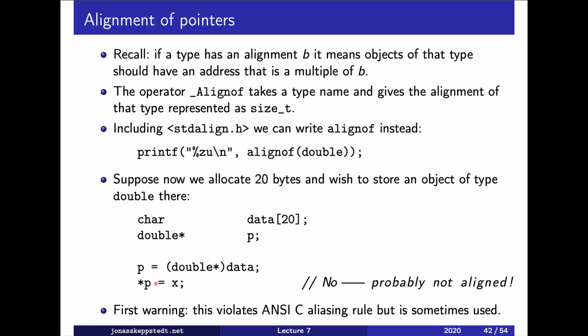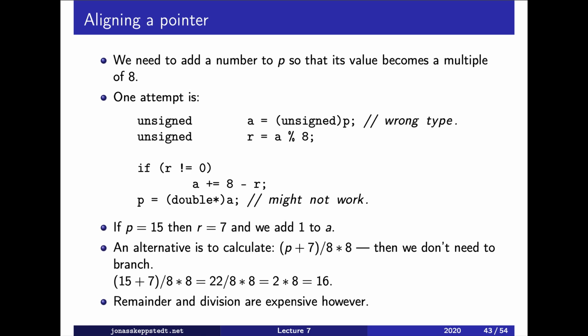Now let's look at getting p to point to an address which is a multiple of 8. So a bad approach is to do the following, namely to cast it to an unsigned int, and then take the remainder and see if it's already a multiple.